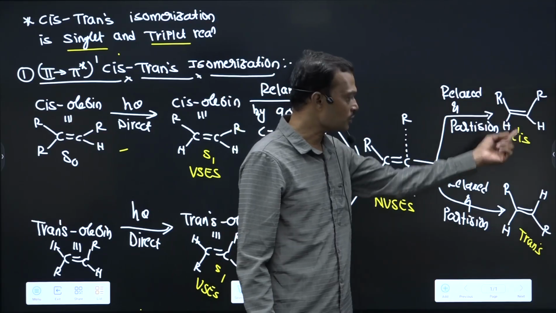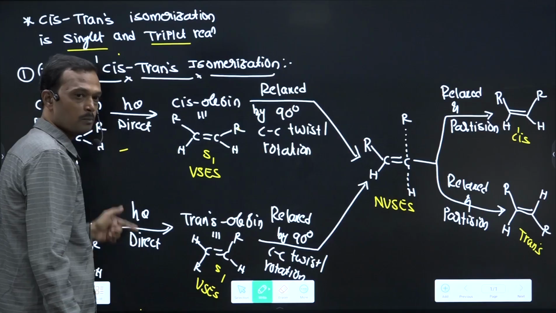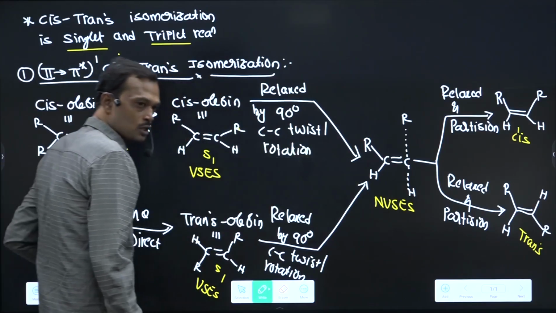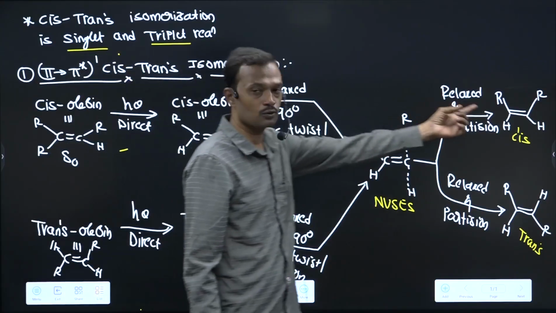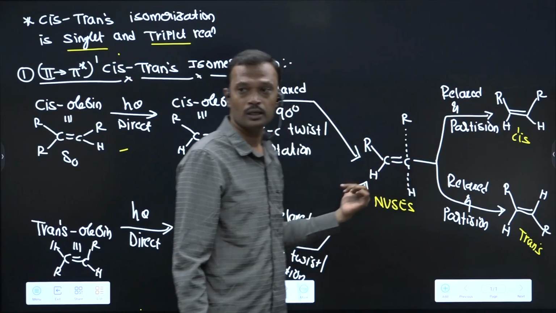So in order to convert cis and trans, you can use either cis isomer or trans isomer. But cis isomer is first converted to this, even trans isomer is also converted to this, and finally you will get these two. And the composition is not fixed every time. That depends on the irradiated wavelength.